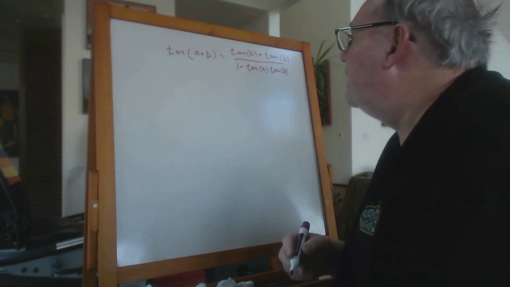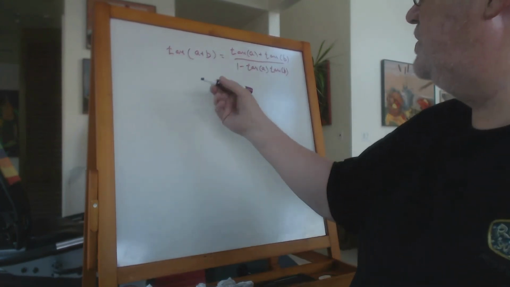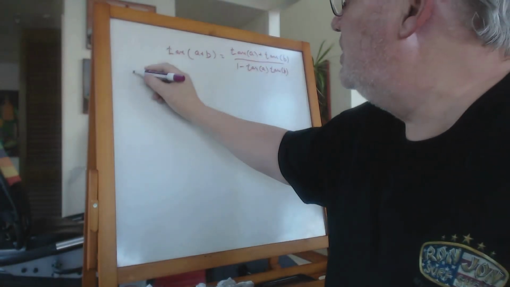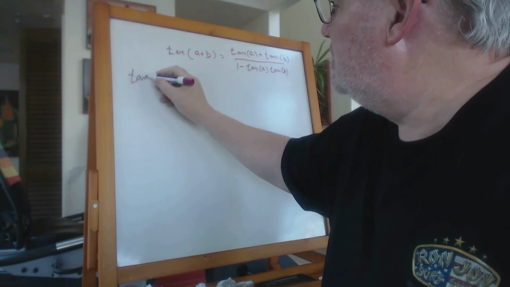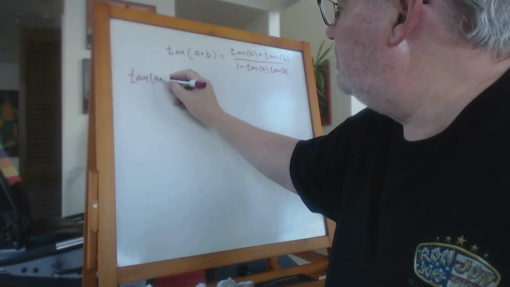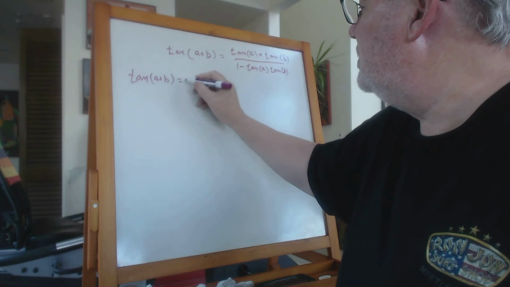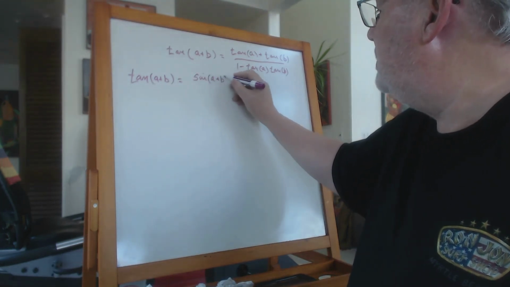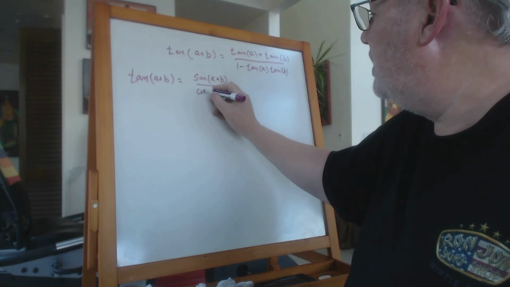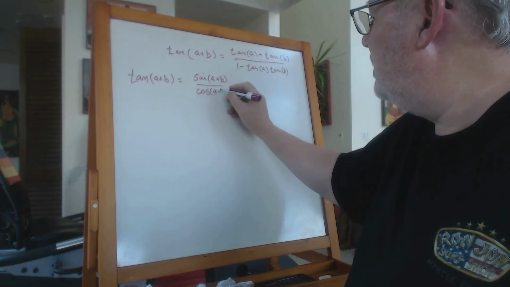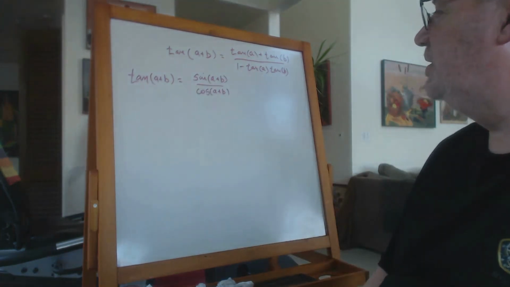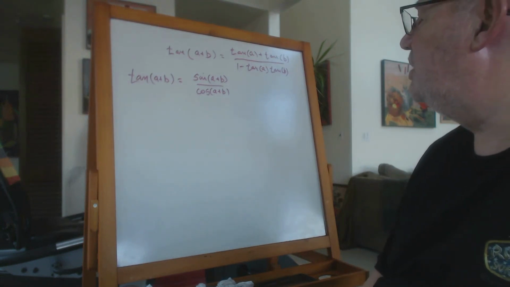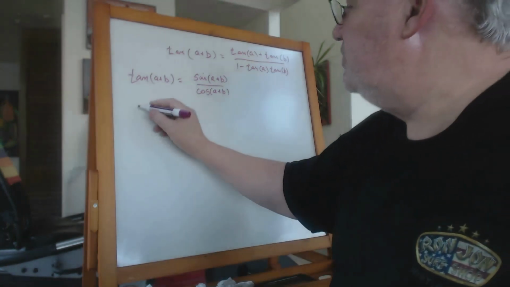Well, we can go to the definition of what a tangent is. So tangent A plus B is equal to sine of A plus B over cosine of A plus B. But we can use the double angle formulas.